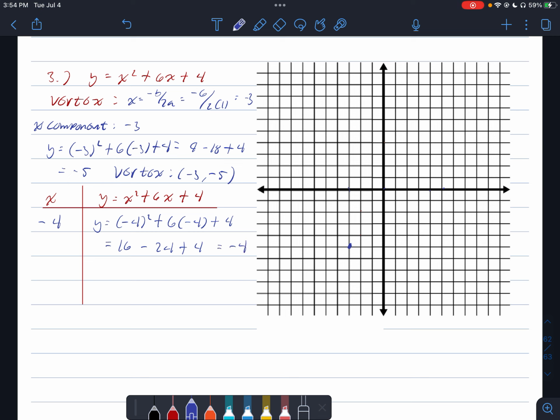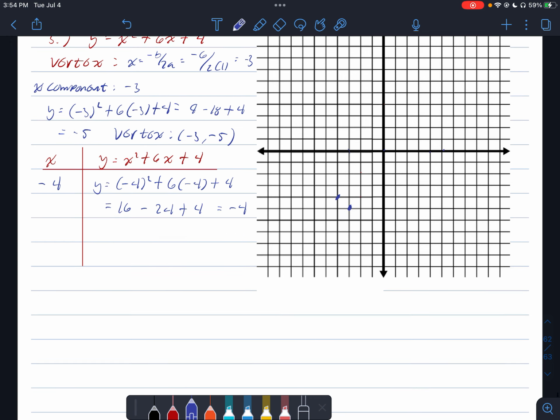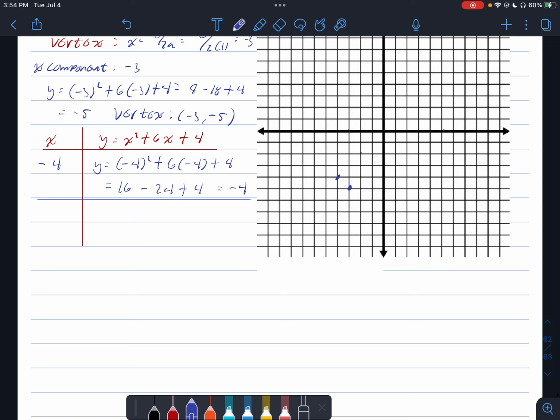So we'll have negative 4, negative 4. Okay. Let's try another one. Let's try negative 5. So we'll have y equals negative 5 squared plus 6 times negative 5 plus 4. Or in this case, we have 25 minus 30 plus 4. That'll give us negative 1.